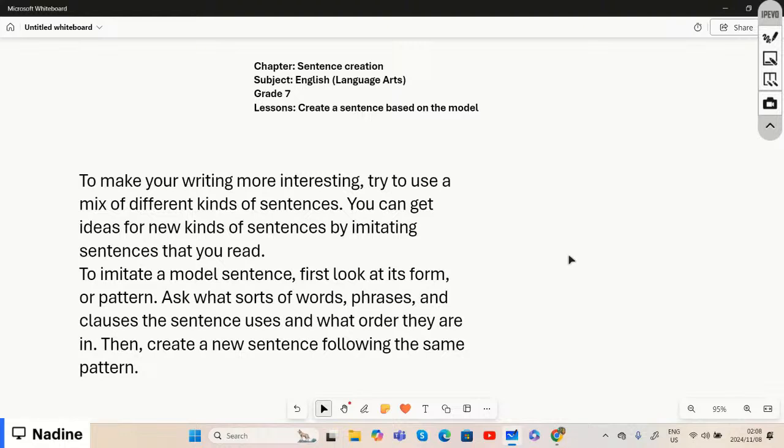All right. And when we imitate models, to imitate a model sentence, you need to first look at its form or pattern. Ask what sort of words, phrases, and clauses the sentence uses and what order they are in. Then we create a new sentence following the same pattern.